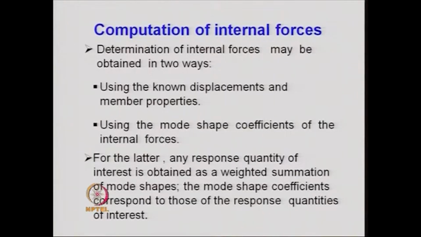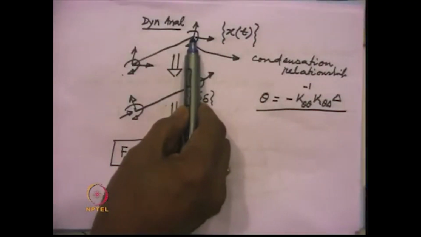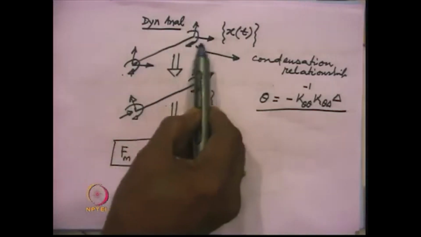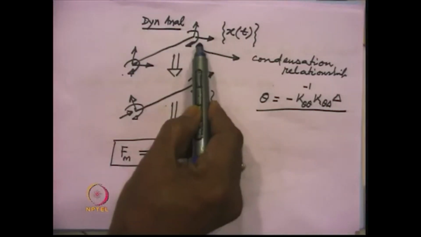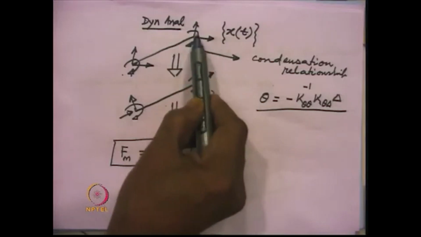So, let us look at how you do this. If we consider a particular node over here and a node over here, at these two nodes the dynamic analysis provides us this displacement and these displacements.